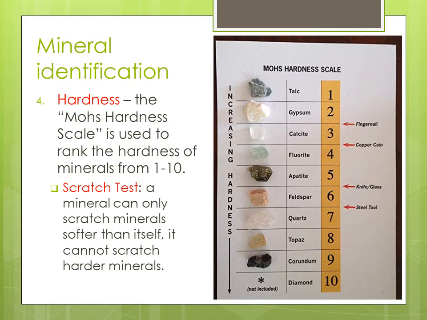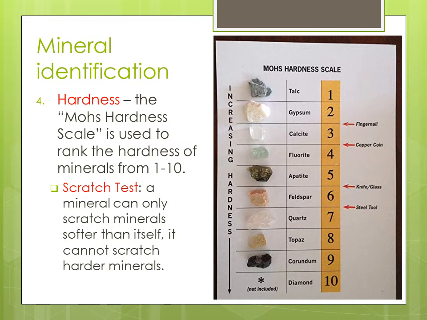So if we look to our scale here, we've got number 1, talc. That is a very soft mineral. Number 2, gypsum. Again, very soft. Number 1 and number 2 are so soft that you can scratch them with your fingernail. As we move beyond that, they get a little harder. We've got calcite, and fluorite, and apatite.